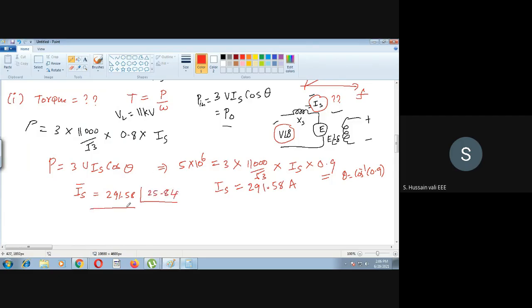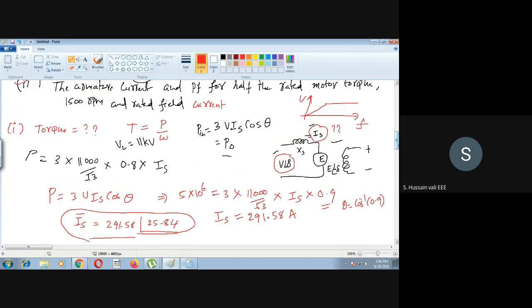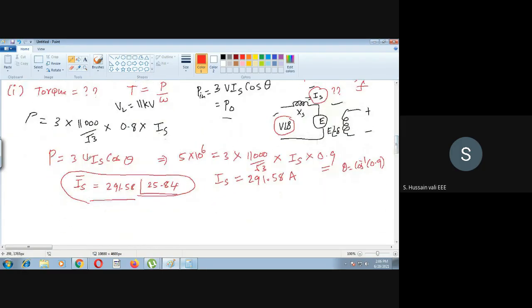So this is the rated armature current. The question also says it is rated armature current, so then we find out the I_s value here. We'll bring this equation once again. Then P is equal to 3 into 11,000 by root 3 into 0.8 into 291.58.